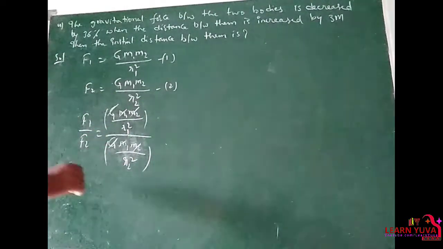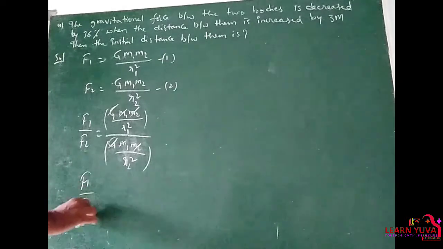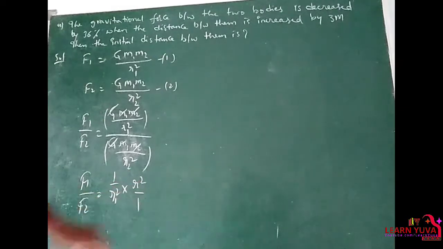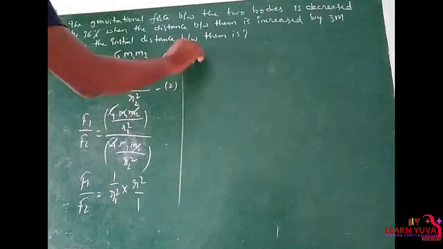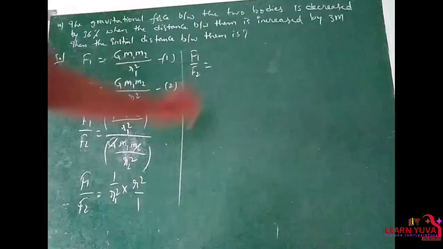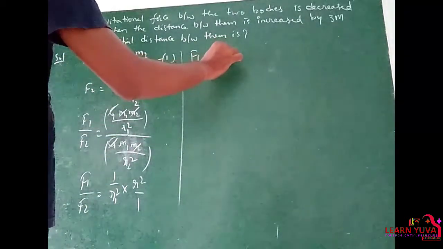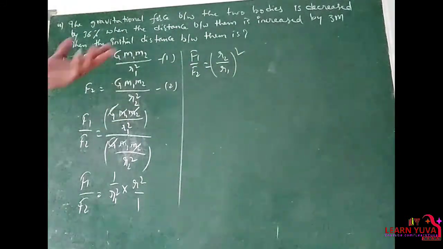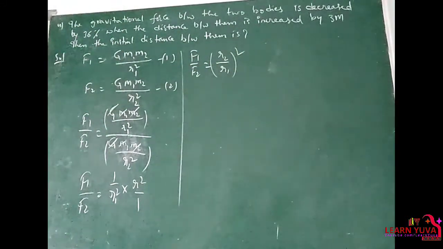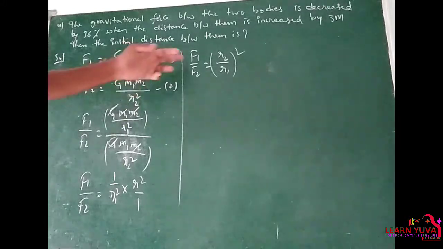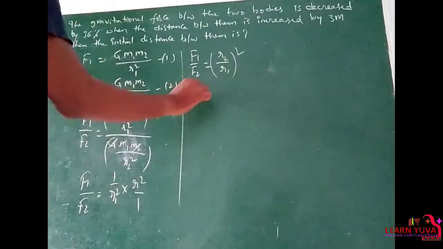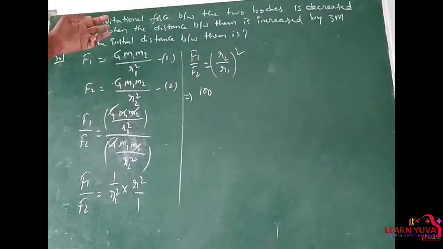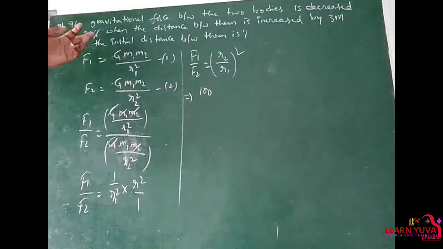So the remaining value is F1 by F2 is equal to 1 by r1 square into r2 square by 1. So F1 by F2 is equal to (r2 by r1) whole square. You can write individual whole square or total whole square. That's our wish. So let's say the initial force F1 is 100%. Clear? And the given F2 is decreased by 36%.